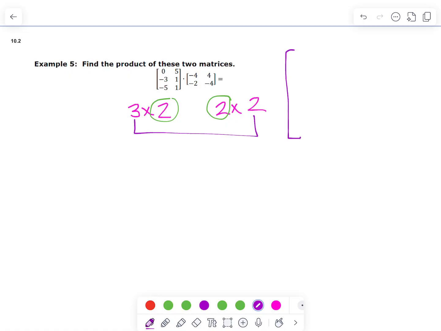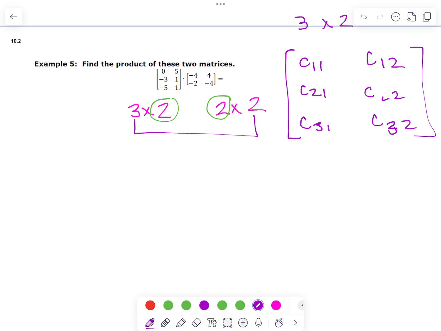So you're going to have a 3 by 2 matrix. This will be a C11, C21, C31, C12, C22, C32. Okay. I'm not going to do all of these multiplications, but here's the process that you go through.